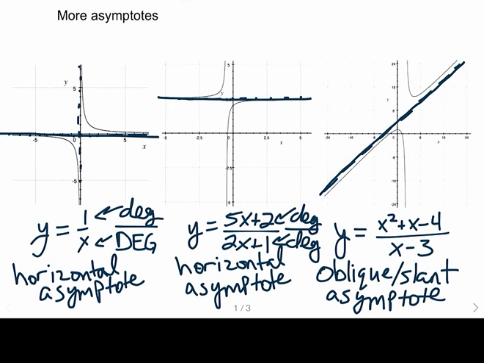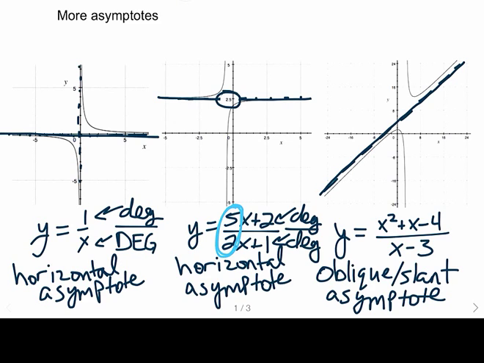When that's the case, it's actually the leading coefficients that we're going to care about. Here with (5x plus 2) over (2x plus 1), 5 over 2 is 2.5, and that's actually where this horizontal asymptote exists. It's y equals 2.5.